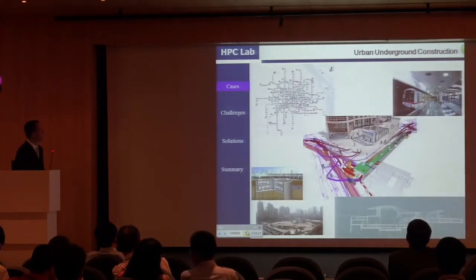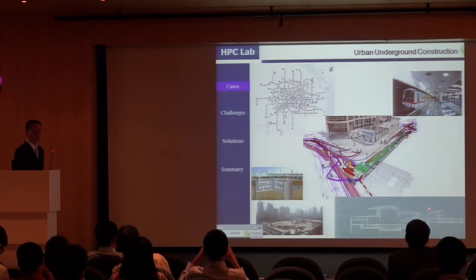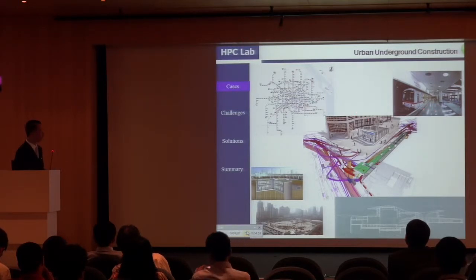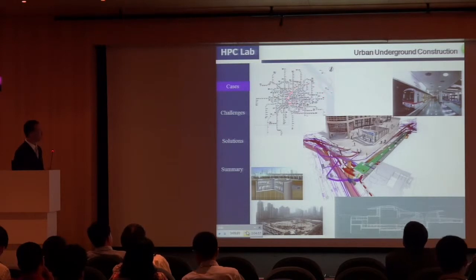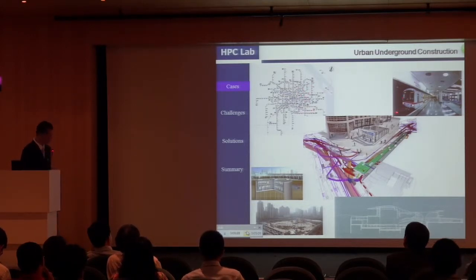Also, urban underground construction involves metro lines, substations for electric power, and some cultural architecture, which would be involved largely compared with the construction before. An example of this is the metro line in Shanghai, which right now runs more than 400 kilometers.